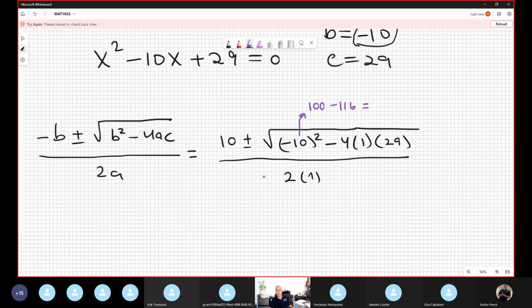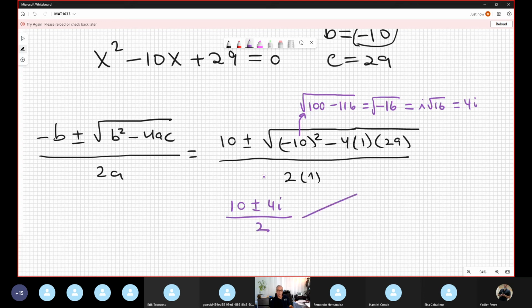When you subtract, it's negative 60. And when you apply the square root, again we have a pure imaginary number, not exactly complex. And this is i square root of 16 positive. Okay, so far we have 10 plus or minus 4i divided by 2.